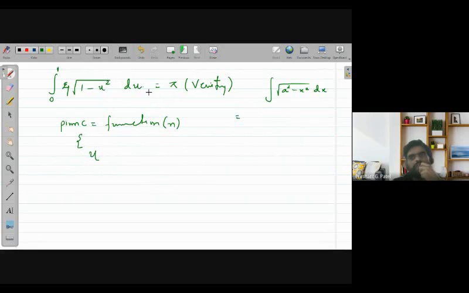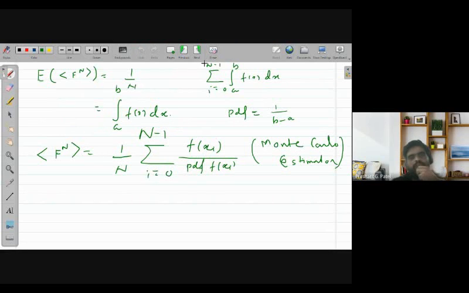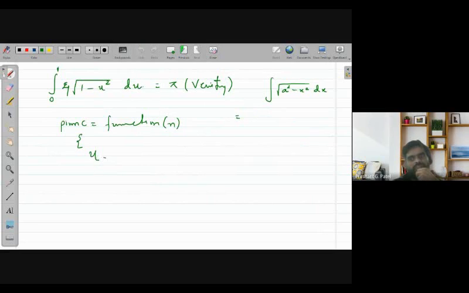U is a random variable, that is, according to the previous one, the xi that we have. For that I'm using the inbuilt function runif of n. Then creating this function f, which is 4 times sqrt of 1 minus u square. So it will calculate all these values.